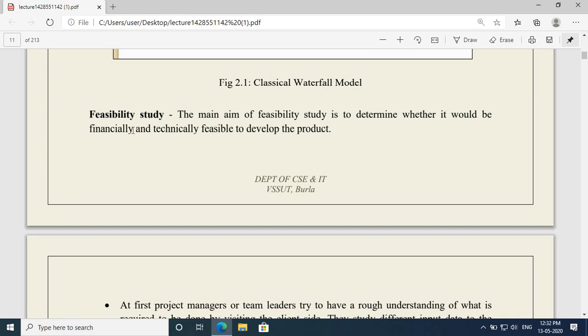Technical means the programming language and the database must be decided previously. Let us consider my software requirement is Java programming and Oracle database. That must be decided in advance by the team members.